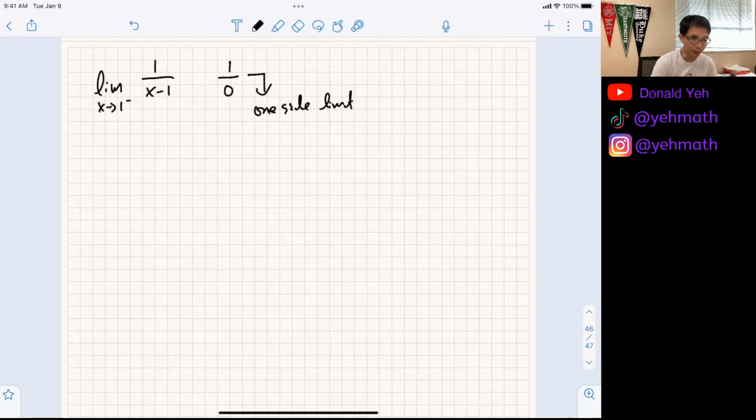Can you guys think of what a 1 over x minus 1 graph looks like? If you cannot think of it, it looks like a reciprocal graph. What is a reciprocal graph?